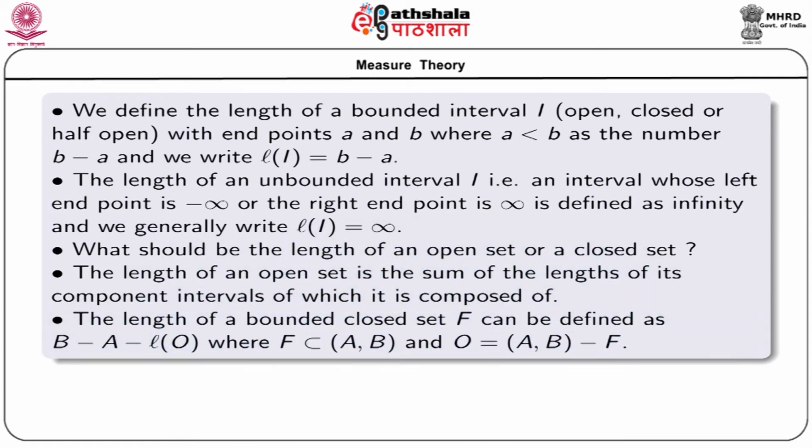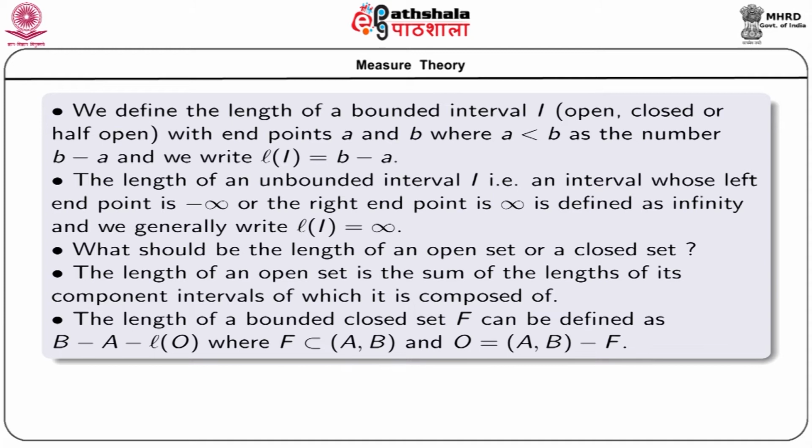If we consider a closed set, it is not that obvious, but if we consider a bounded closed set, then the bounded closed set is always contained in some open interval.